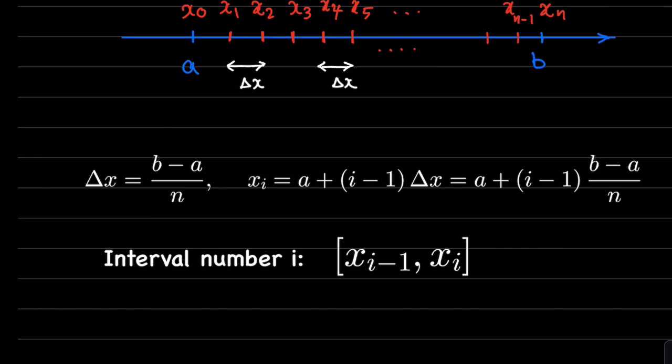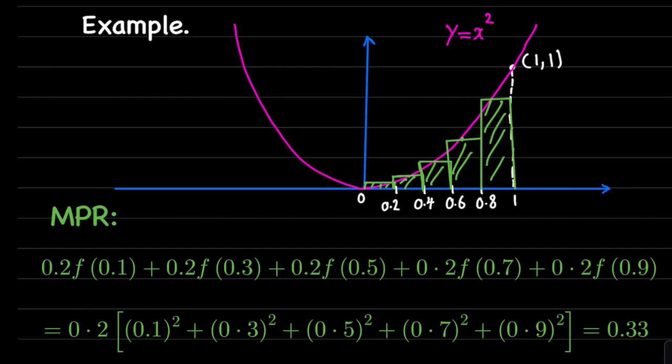And that's generally called delta x. So delta x is the length of this interval, which is B minus A, divided by the number of intervals you want to have. So now the length of each of these subintervals is going to be delta x. In the previous example that I showed you, delta x was, maybe I'll just write it down, 0.2.